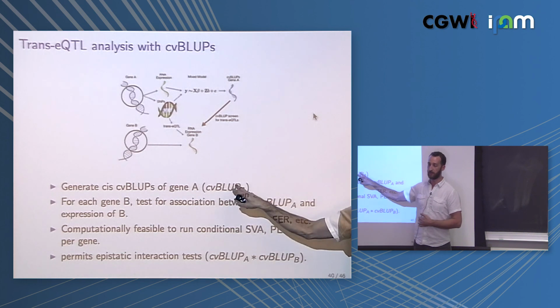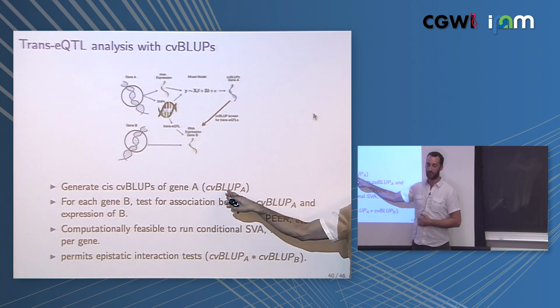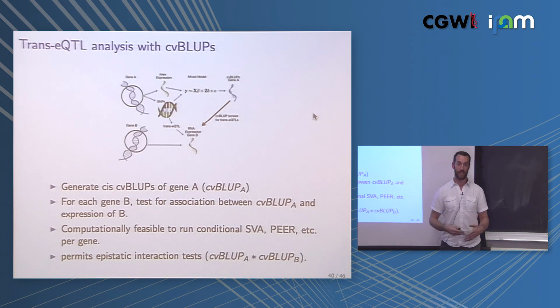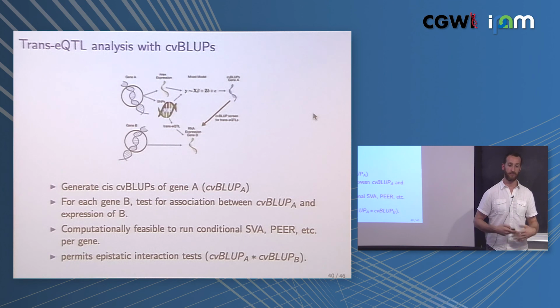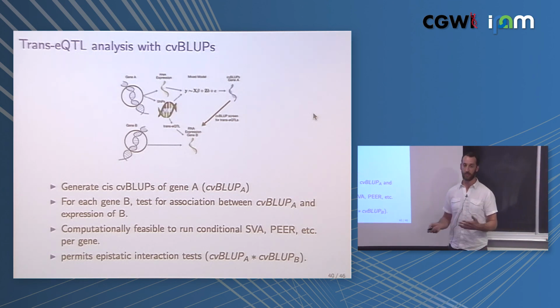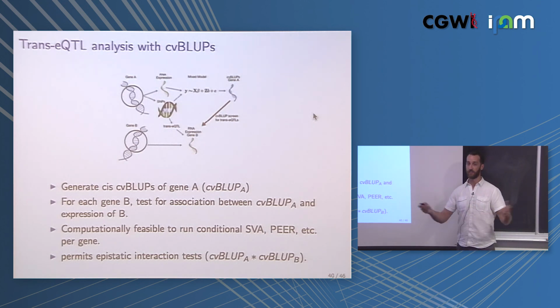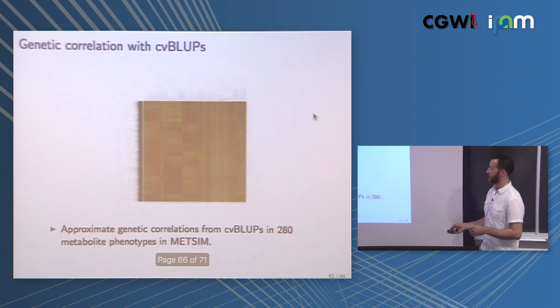But when you're doing CV BLUPs, you can run SVA conditional on each gene, and then you can test using those conditional SVs, those conditional PEER factors. So it's a nice feature of doing trans-QTL studies this way that you avoid some of the bias that can creep into trans-QTL association studies due to these noise factors that are shared across lots of genes.